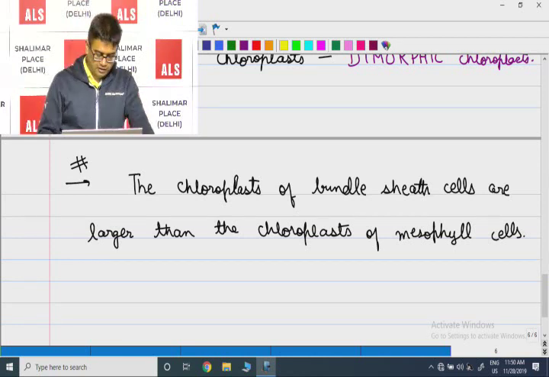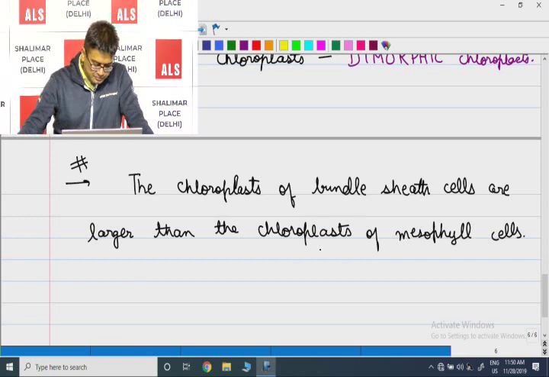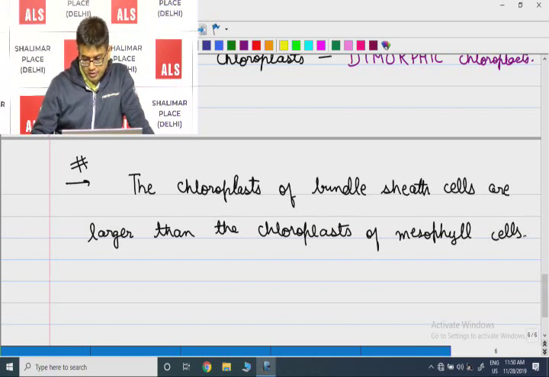Okay. Also, the chloroplasts of the bundle sheath cells are arranged centripetally. That means towards the center.